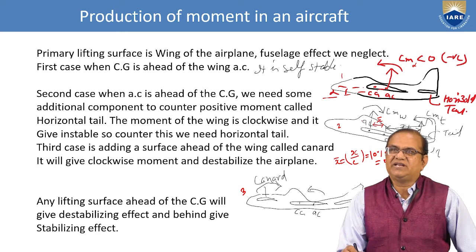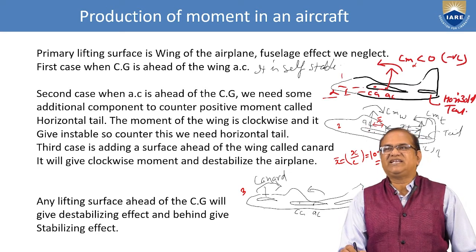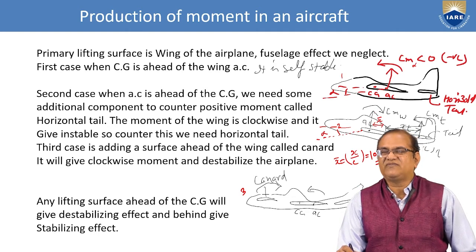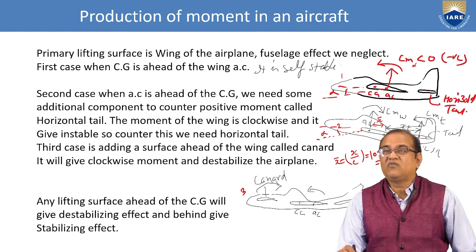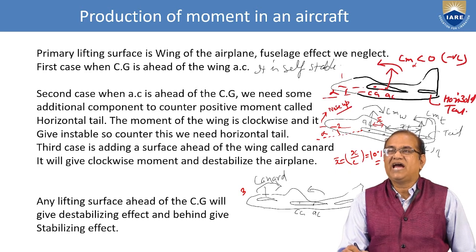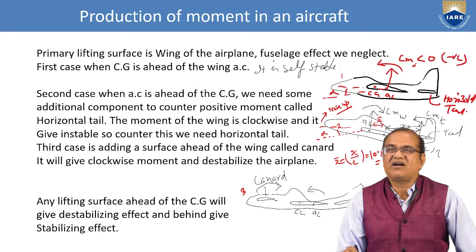So in this case, if the aerodynamic center is ahead of the CG, and any disturbance of alpha takes place, it will generate some additional lift, and this additional lift into this distance will try to make the nose go up. I have shown here that the nose up will be there, and this nose up will make the aircraft unstable.